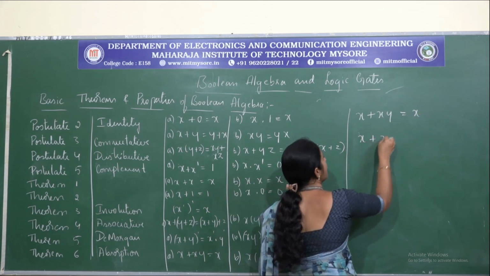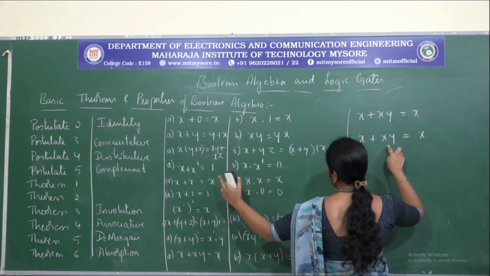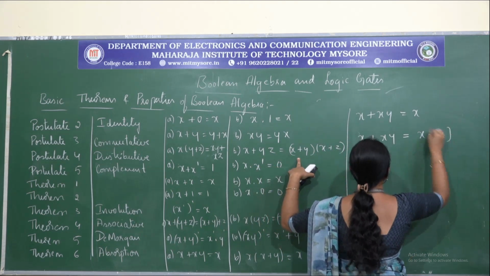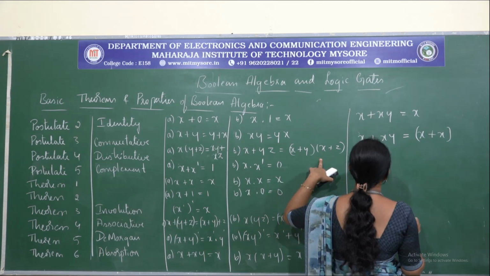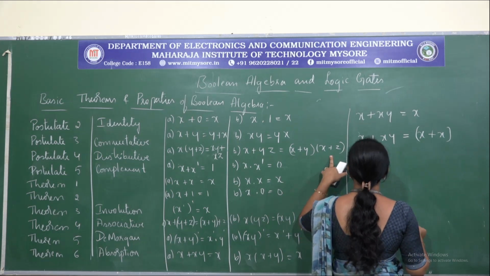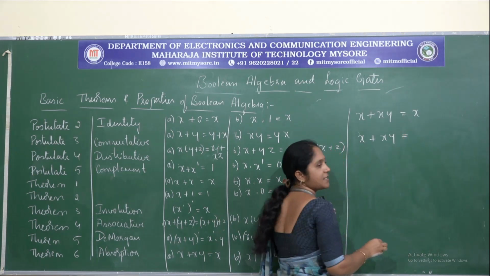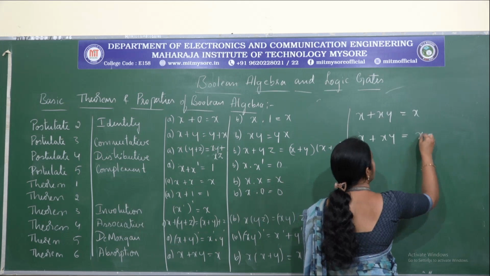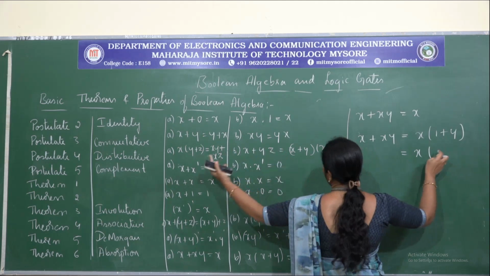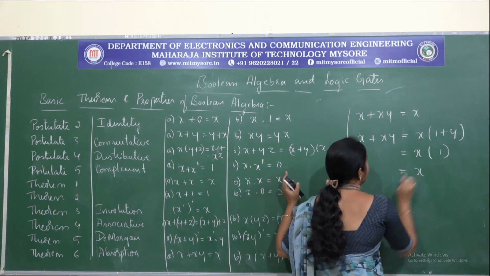Let us consider the LHS. Using the distributive law, we can take out x as common and we will get x into 1 plus y. So 1 plus any variable will result in 1. So this can be written as x.